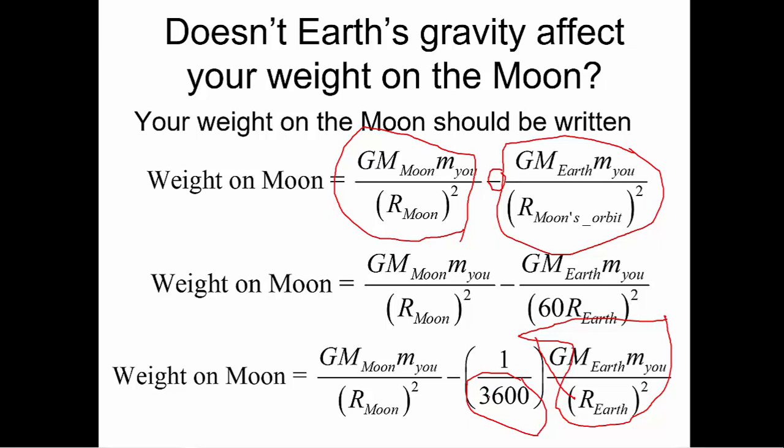And it turns out, if you make that correction, if you multiply your weight on Earth by 1/3600th, you get a number that is only 1/600th approximately as big as this thing. So to 599 parts in 600, this term here on the left is correct. And so we ignore the fact that the Earth would affect your weight on the moon a little bit. On the Earth, the moon is going to affect your weight a little bit, but it would be much less than 1/600th. And so we just ignore that.